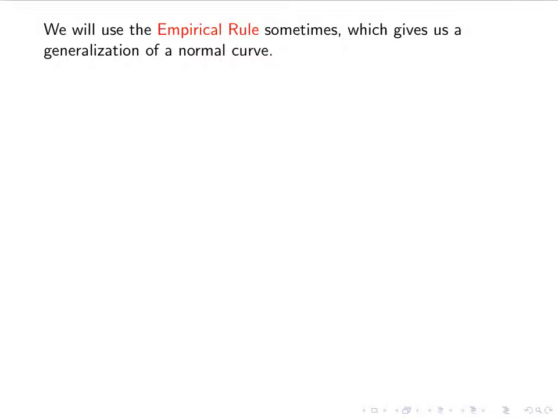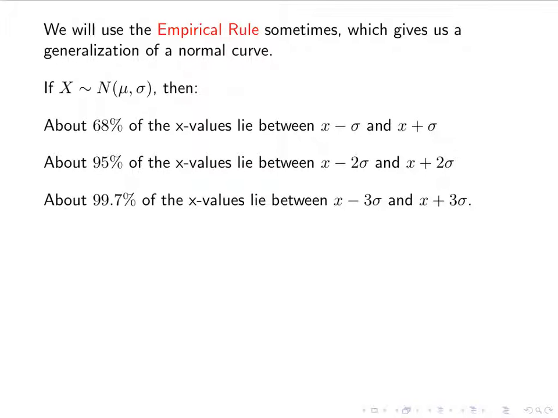We're also going to talk a little bit about what's called the empirical rule. We use this a lot to make sure that our answers make sense. It's going to be a generalization of a normal curve. So if x is normally distributed with mean mu and standard deviation sigma, then the empirical rule says the following 3 things.